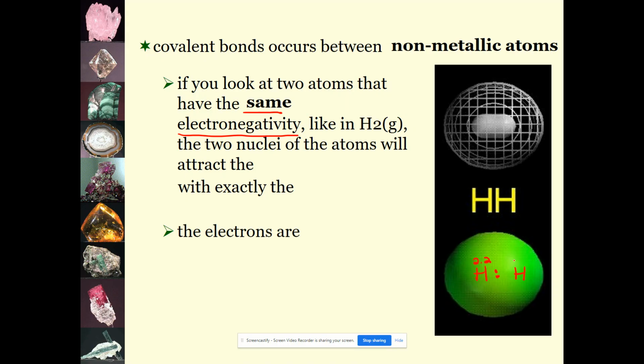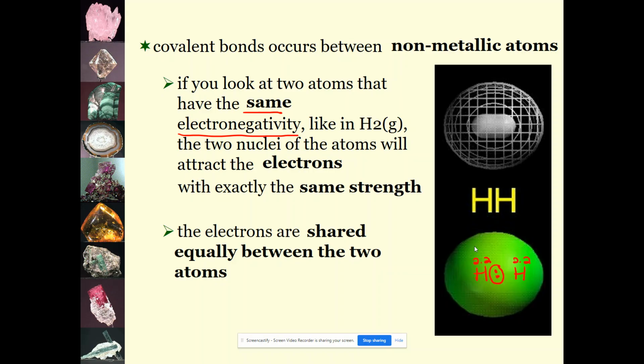Hydrogen's electronegativity is 2.2. If two atoms are trying to share these electrons and both of their electronegativities are the same, they will share them equally. They're pulling on them with the same strength. So the electrons are shared equally between the two atoms, and this makes what we call a nonpolar covalent bond.